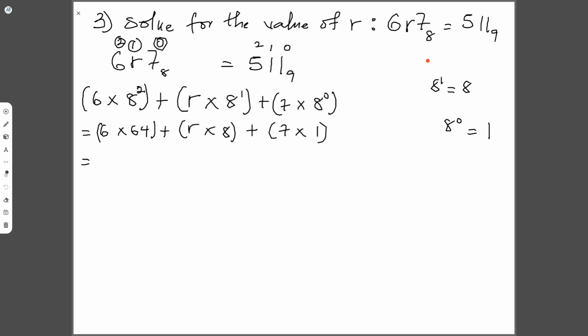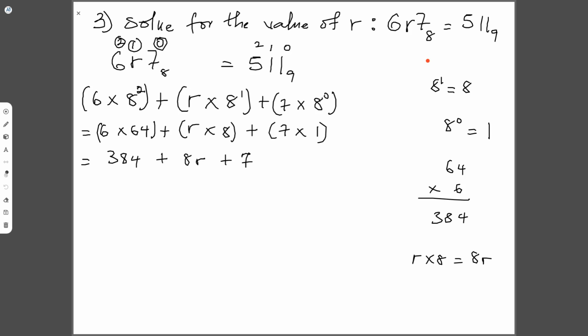Multiplying 6 times 64, that should give us 384 by normal multiplication. So we have 384 plus, multiply 8 and R together. R times 8 is 8R. We have 8R plus 7 times 1, which is 7. So we can add this 7 to 384, but we cannot add 7 and 384 to 8R.